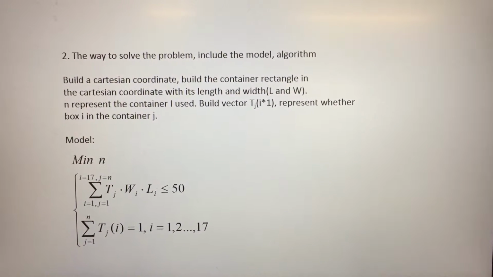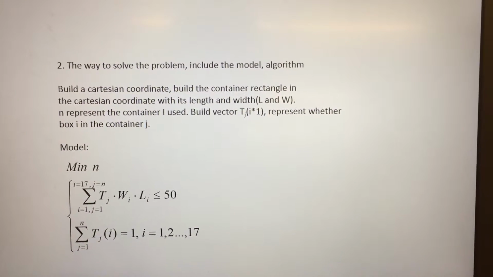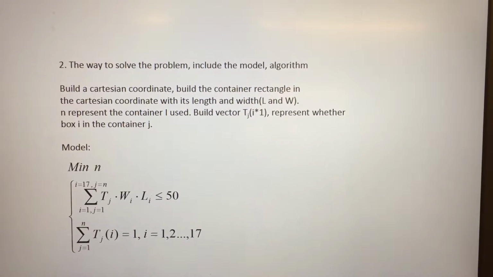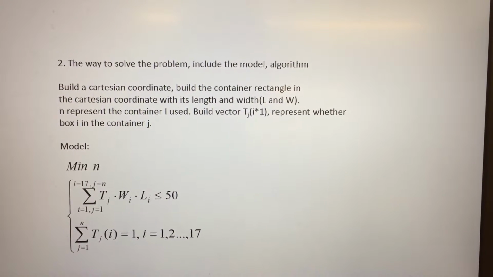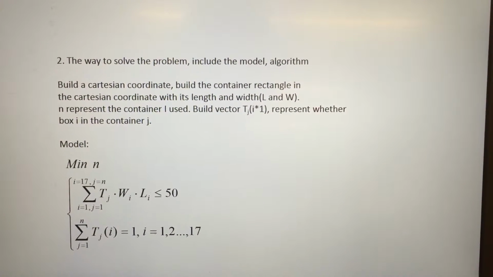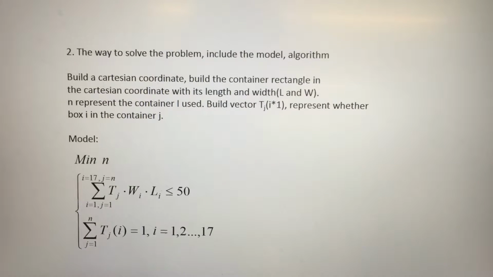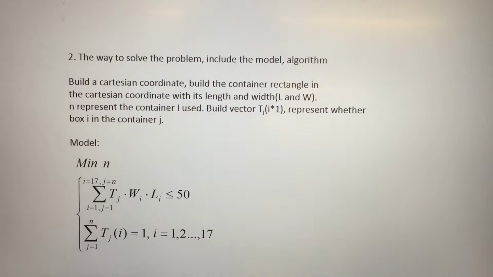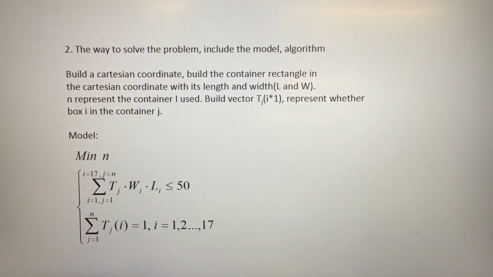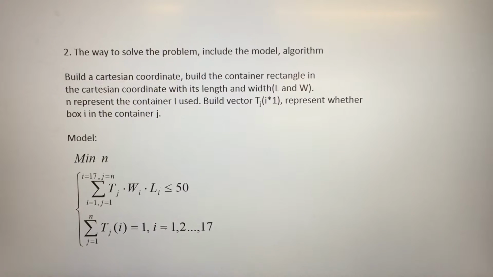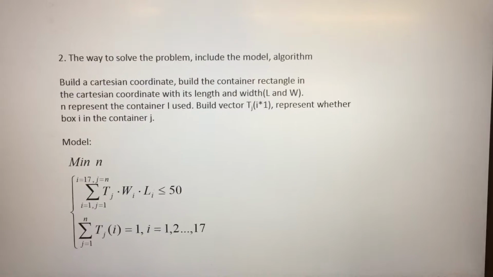And then I need to build a vector Tg, whose dimension is i by 1, and represents whether box i is in container g. If box i is in container g, Tgi will be 1, otherwise it will be 0. And here is my model. I have to get a minimum N, and the constraints are as follows.